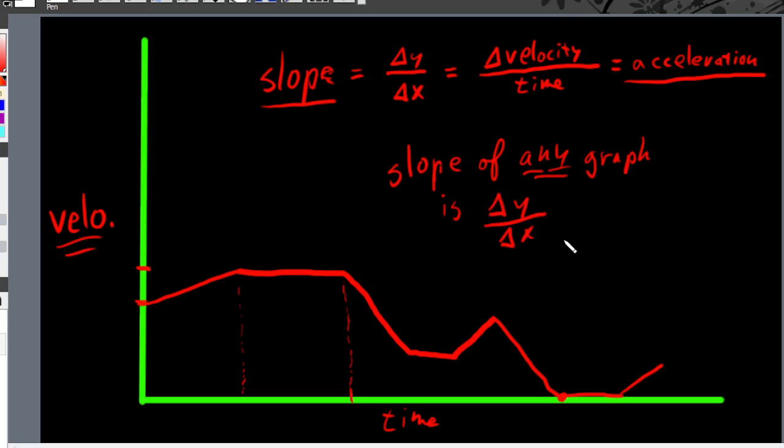And so anytime you're given any graph, you need to look at it and say, what could I calculate if I took the y-axis quantity and divided by my x-axis quantity?